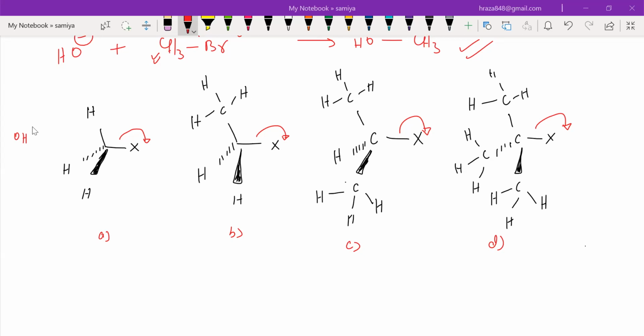Now see. Since we know that in SN2 back attack is only possible, no front attack. So can you tell me, OH minus from where, in which of the following will attack on carbon? A, B, C, D. In which carbon OH minus will attack easily?